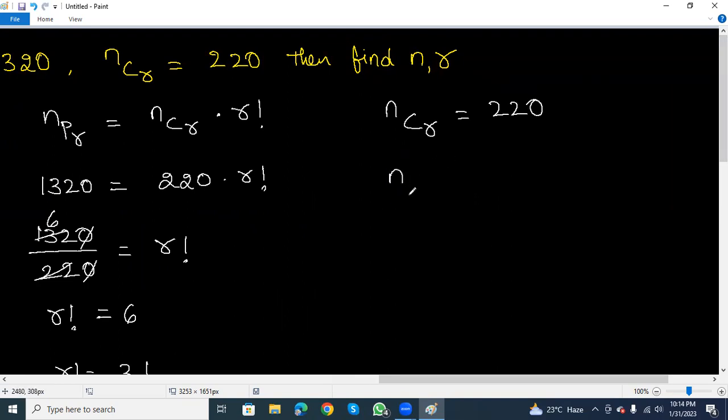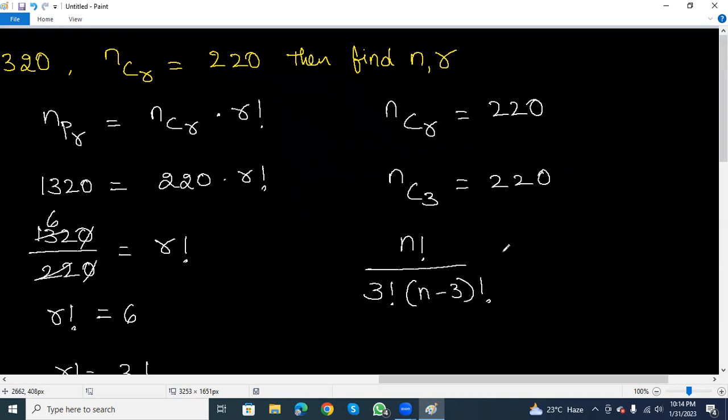Let's substitute: nC3 is equal to 220. The combinations formula is n factorial by 3 factorial into (n minus 3) factorial, which is equal to 220.